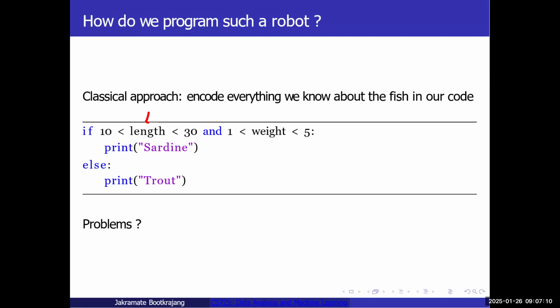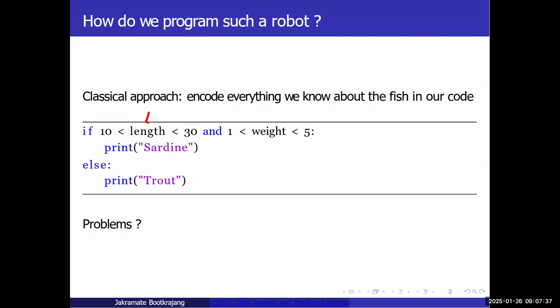So is there a problem with the programming? I mean, it works, right? Basically, it works. It can sort out the sardine and a trout. But the problem with the coding, right, is that you need some kind of information.